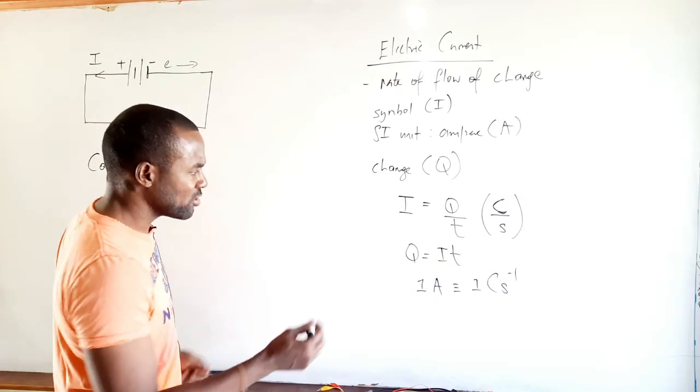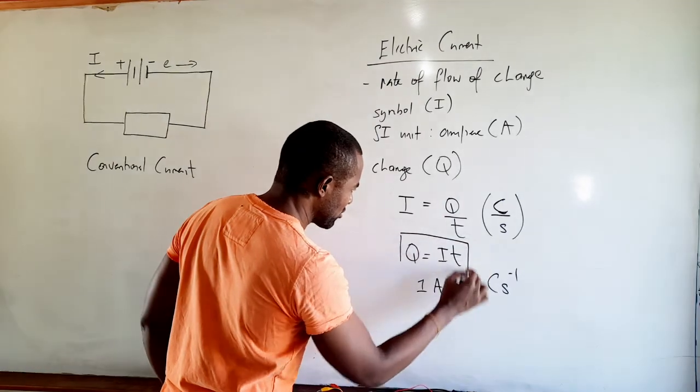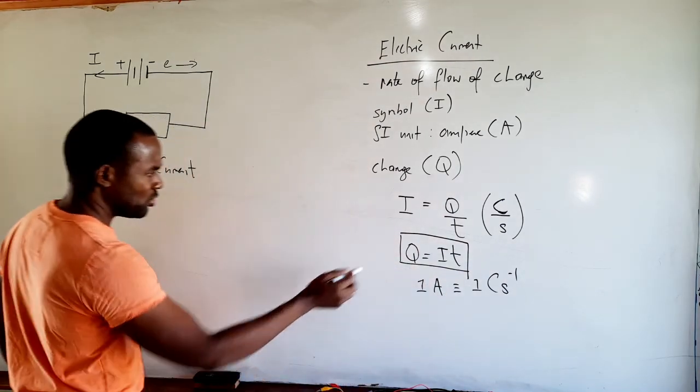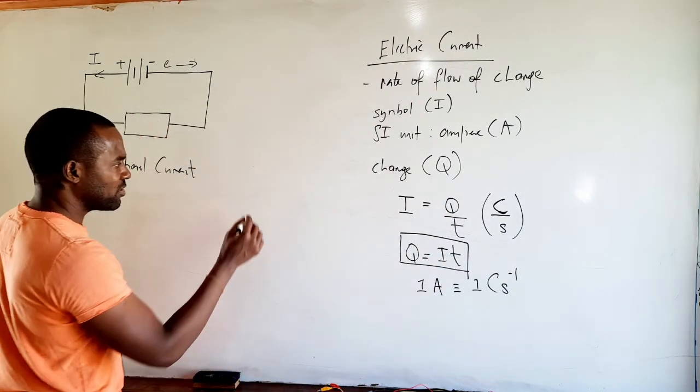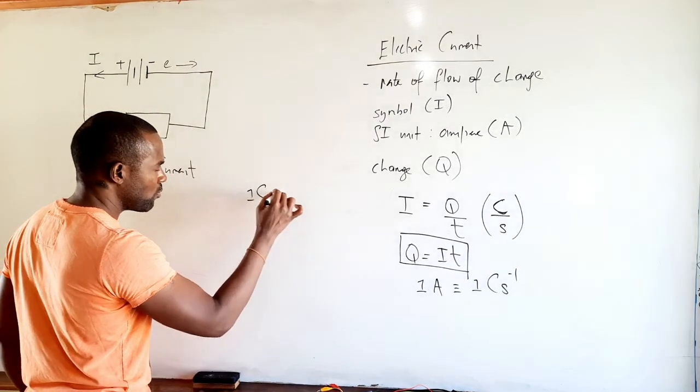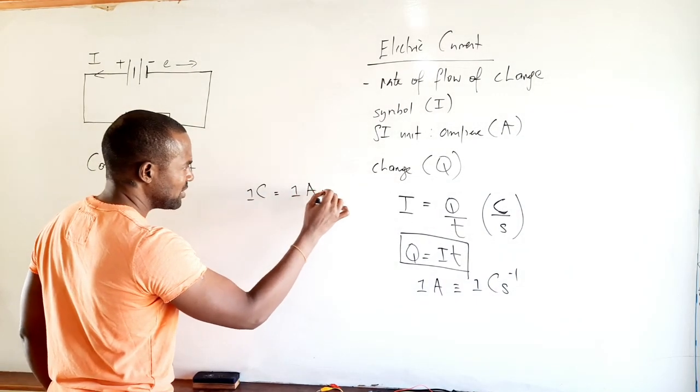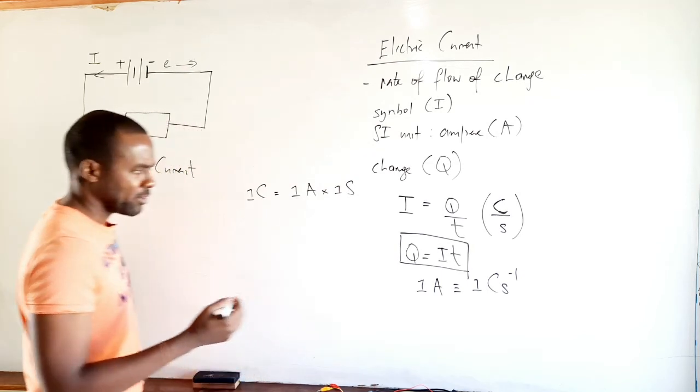Now, using this version of the equation, we could always rearrange to get the unit of charge. So Q is equal to IT, which means that 1 coulomb will be equivalent to 1 ampere times 1 second, right?